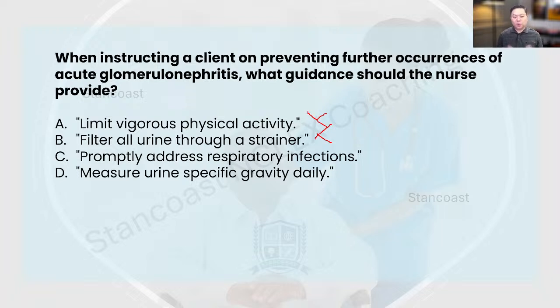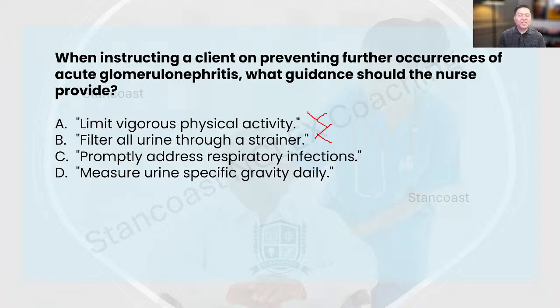So again, our focus here is to teach our patient what to observe if they have been admitted for acute glomerulonephritis. Make sure that you're teaching them about reporting these types of infections. It could be a skin infection, or an upper respiratory infection like strep throat, tonsillitis, pharyngitis. Those are the same issues that we need to address right away.